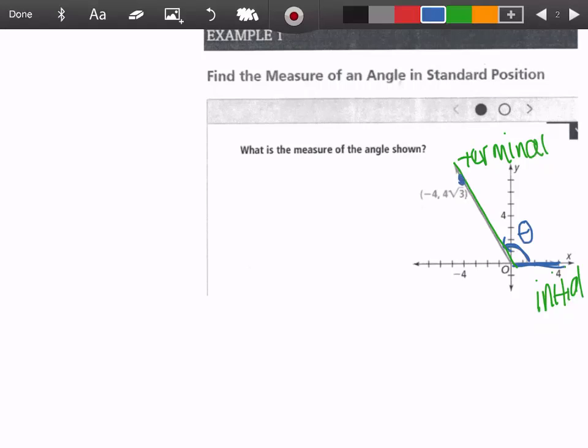If we draw a vertical line from that point to the x-axis, we actually see that this is a right triangle. So everything we were learning last section with the trig ratios is going to come into play here with this example. So if we look at this triangle, the length of the bottom side is 4.